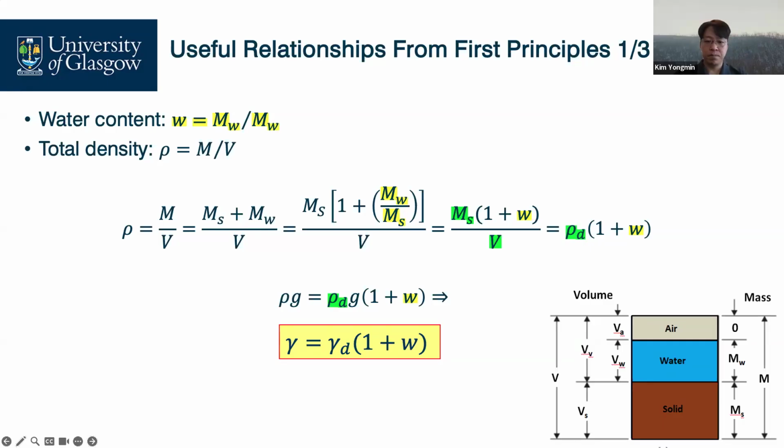Okay? So we can convert it to unit weight. Total unit weight is dry unit weight times one plus water content.